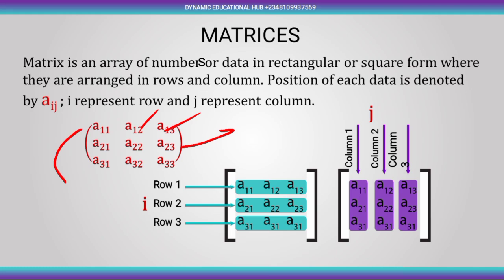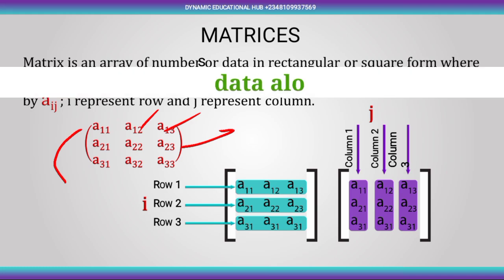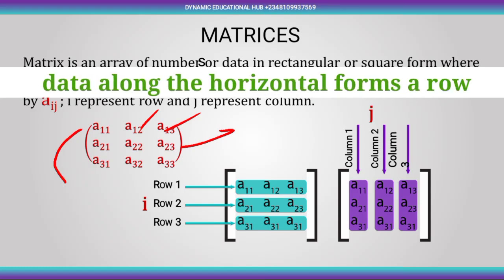Now we need to understand row and column. When you have a matrix, any arrangement in a horizontal form is a row. So we have a row here. This is an example of a row, this is another example of a row, and this one is another example of a row.